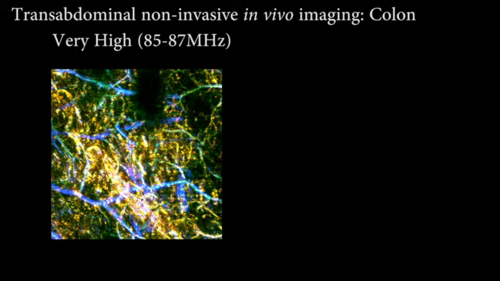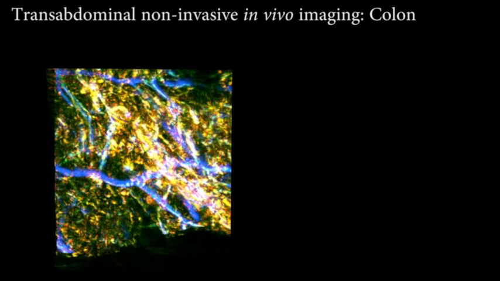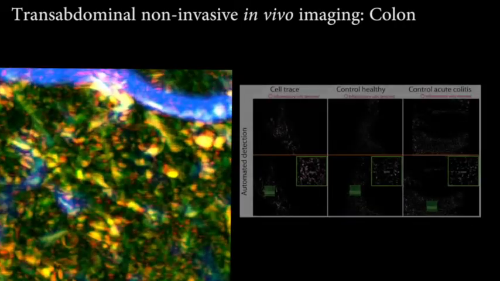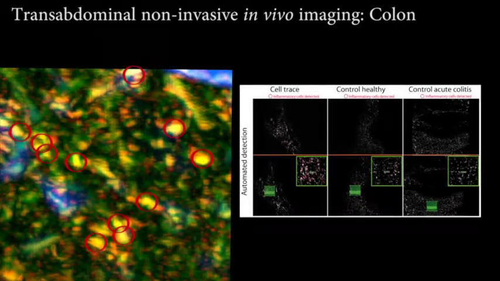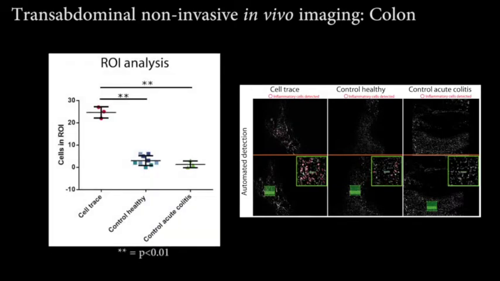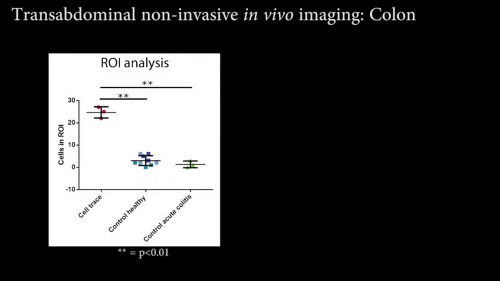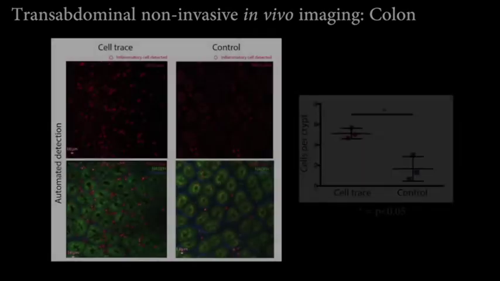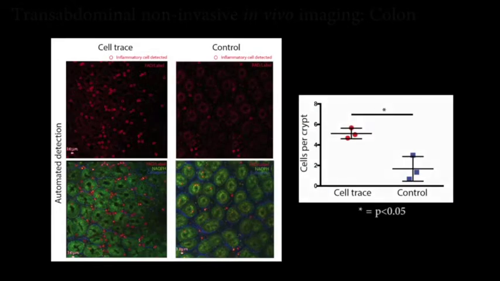Interestingly, it is then possible to visualize clusters of previously labeled T cells in the inflamed intestine in vivo. We were able to show that this signal is higher than in control healthy or in control acute colitis tissue. Multiphoton microscopy could nicely confirm our in vivo imaging results.